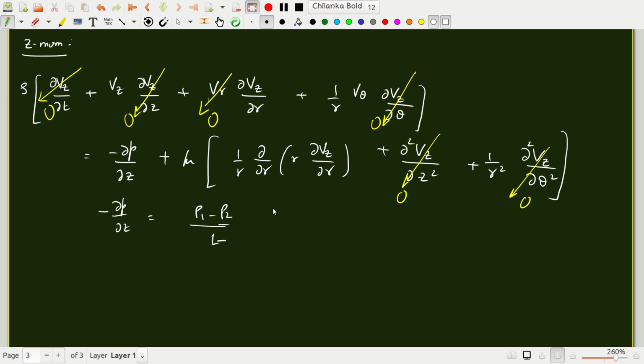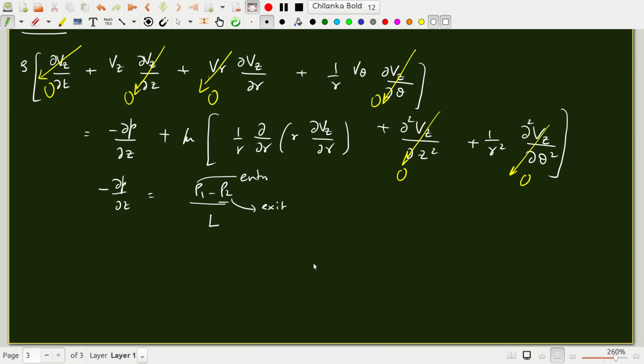This is the pressure at the entry, and this is the pressure at the exit. This is the pressure difference or pressure drop. We'll call delta P as P1 minus P2.